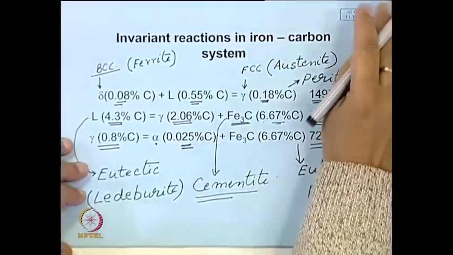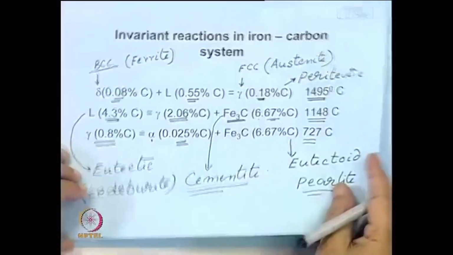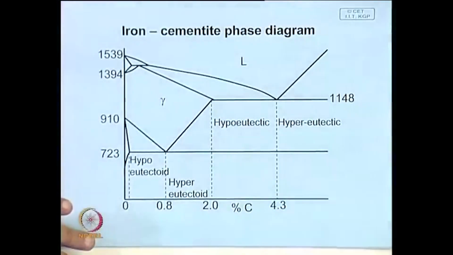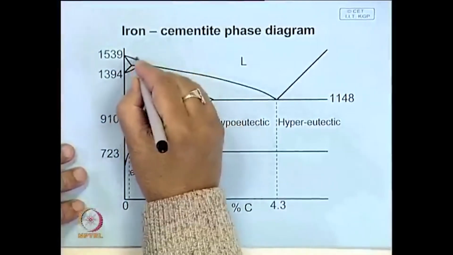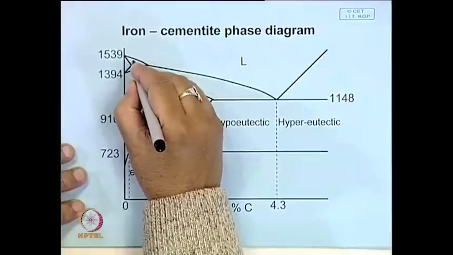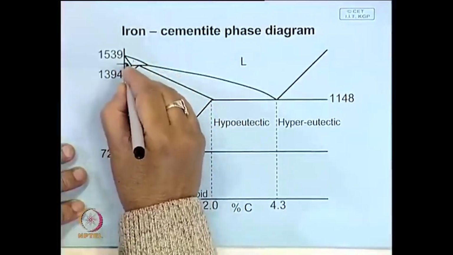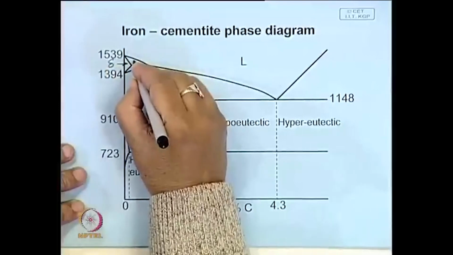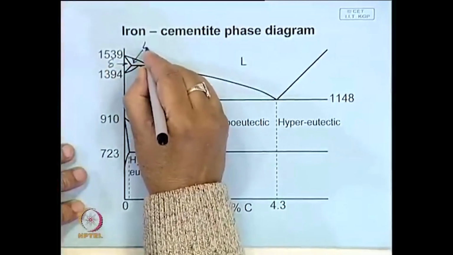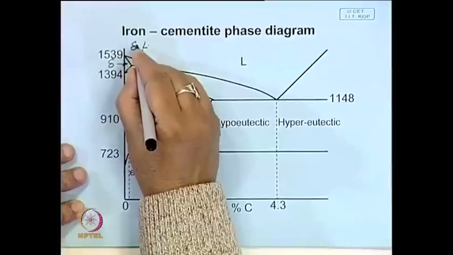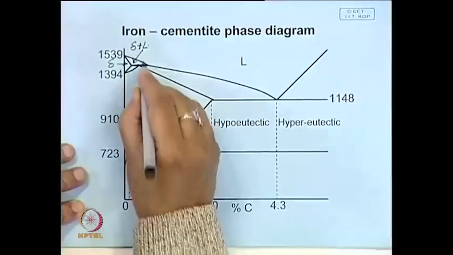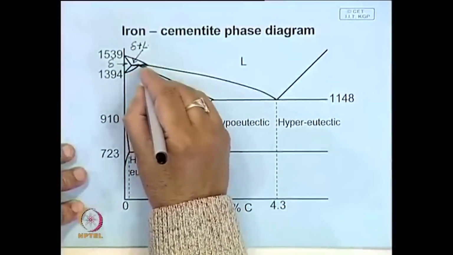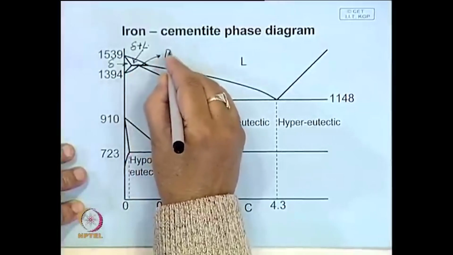And now, let us see with this information how we can construct that phase diagram, which is shown here. So, this is that peritectic reaction. Here you have the region which is delta, here you have liquid, delta plus liquid, and delta plus liquid reacts here, and this is the peritectic reaction isotherm.